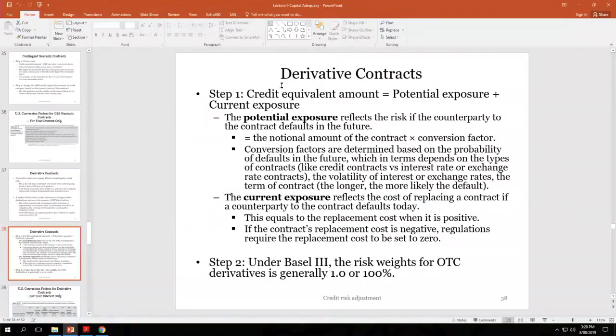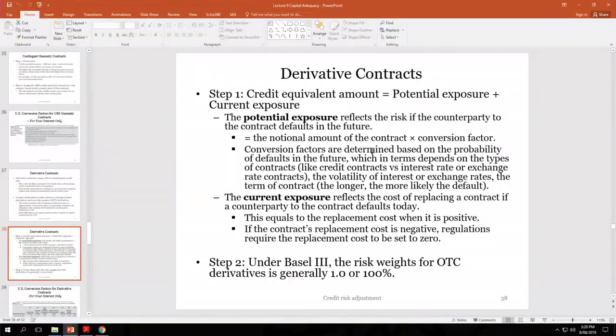One thing you need to be aware of is that derivative contracts are mostly for hedging purposes, right? So for banks, we don't worry too much about fluctuation in the value of the contract itself, but rather we are afraid of counterparty default risk. If the counterparty defaults, we lose the protection, we're going to suffer loss. Right?